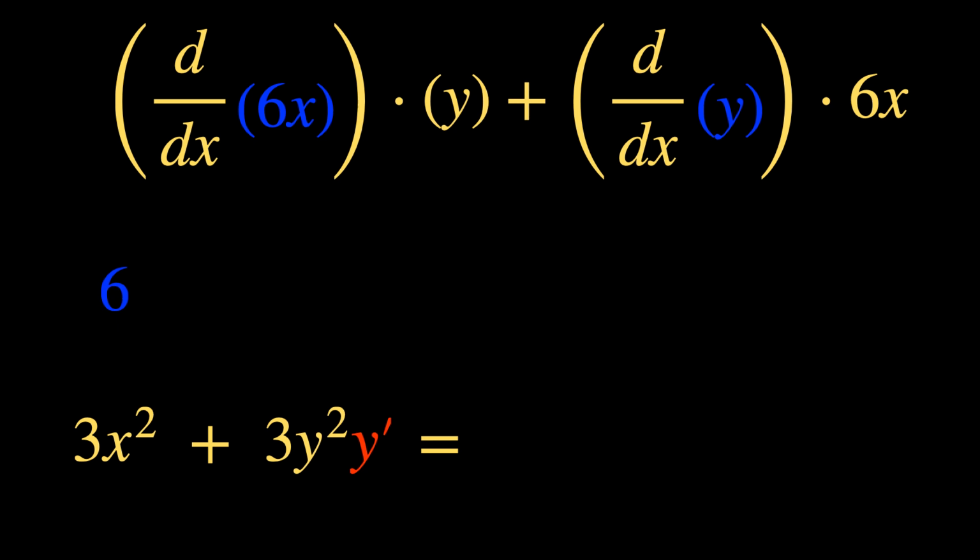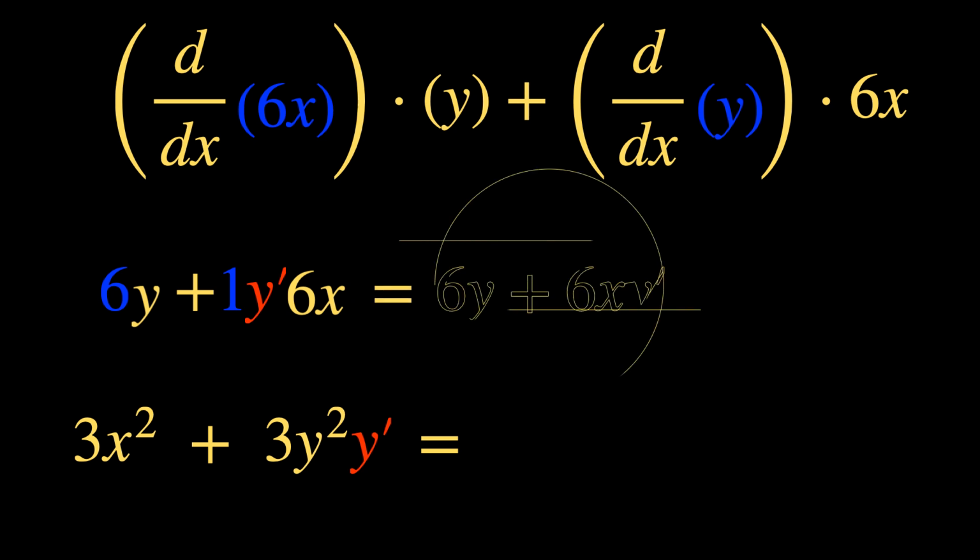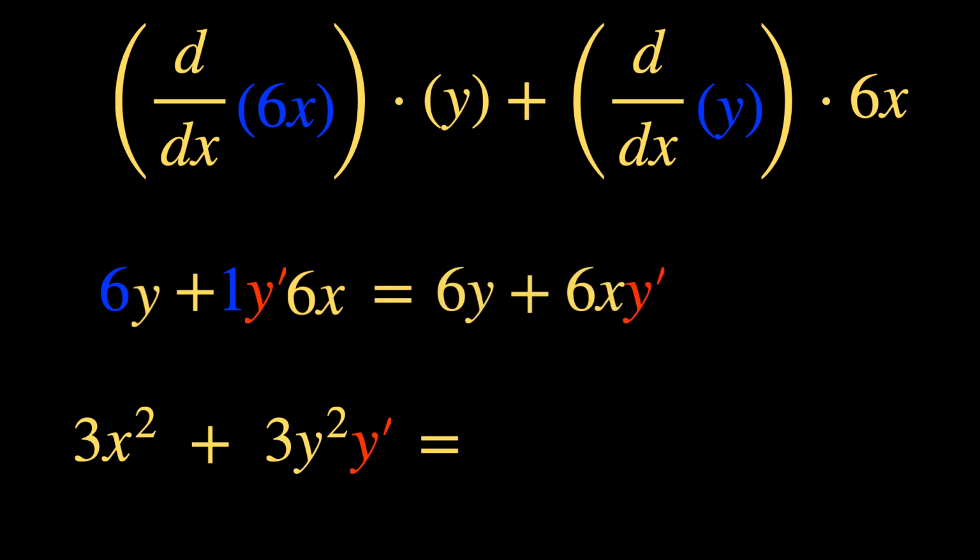Multiplied by y, we have 6y, plus the derivative of y, which is 1, and I told you earlier that whenever we get the derivative of y, there should always be a y prime, multiplied by 6x. Simplifying this algebraic expression, we will have 6y plus 6xy prime. So 3x squared plus 3y squared y prime is equal to 6y plus 6xy prime.